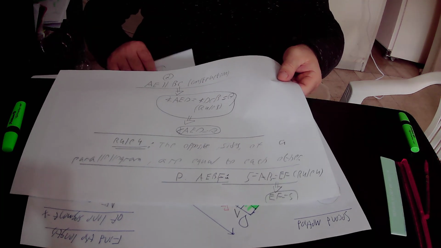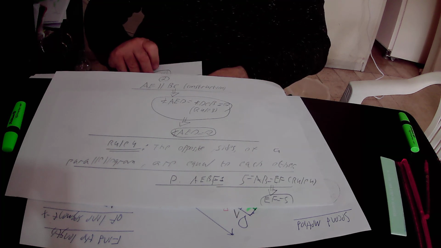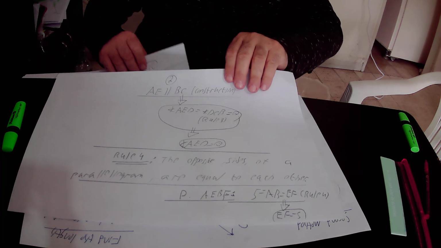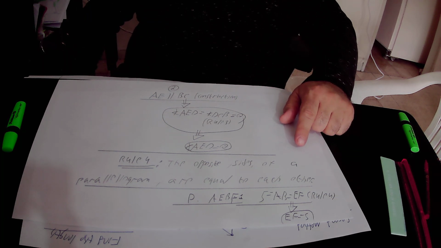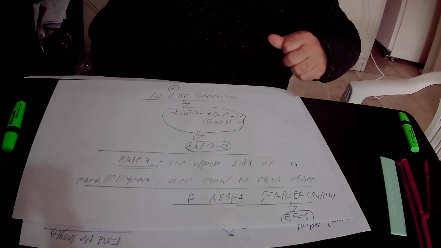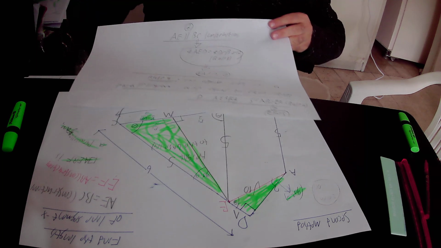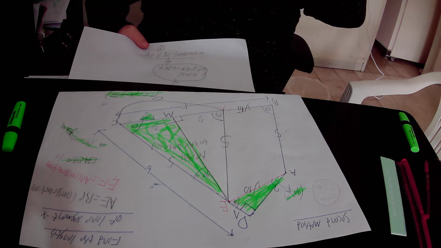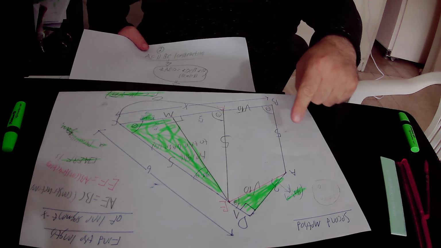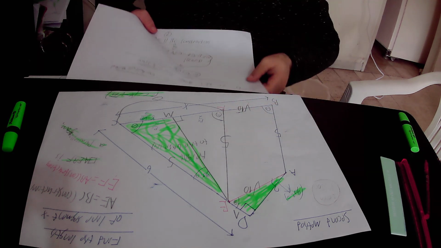Then I presented to you rule number 4. According to rule number 4, the opposite sides of a parallelogram are equal to each other. So if we relate to our parallelogram AEBF, its opposite sides are equal to each other. That is to say, AB equals EF.